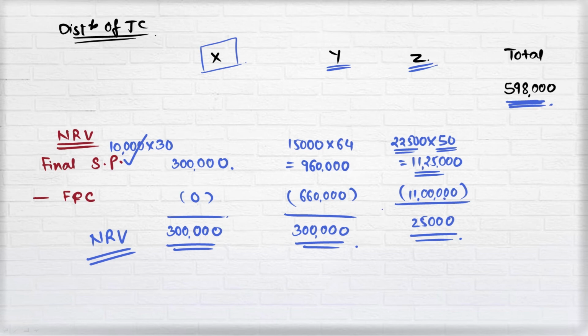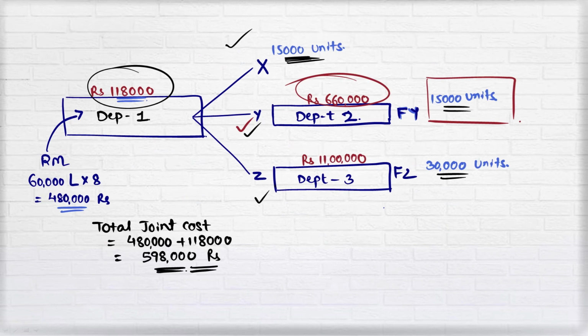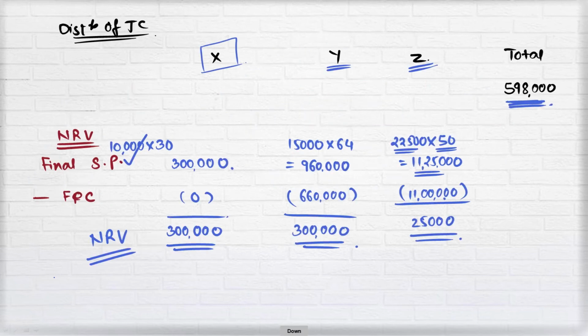Further processing cost. Now tell me, this 11 lakh rupees will be incurred to manufacture 22,500 units or 30,000 units? You are reducing this 11 lakhs from the sales value of 22,500 units. There is some mismatch, right?